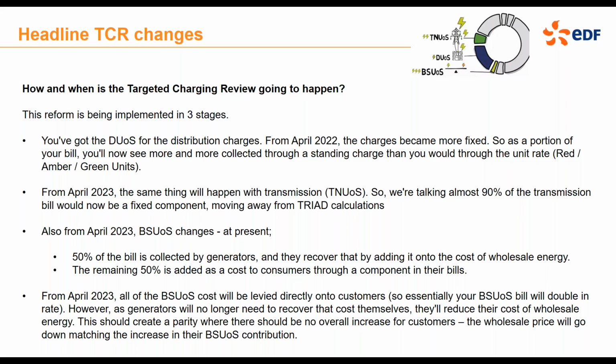For transmission, distribution, and BSUOS, there have been some quite significant changes in the methodology, particularly for transmission and distribution. So you may have heard or seen reference to TCR. So this is the targeted charge review, and historically we've seen BSUOS charges or distribution charges largely guided by the red, amber, green units, which were quite intensively focused on ensuring that there was quite a hefty premium associated to any energy used weekday peak.